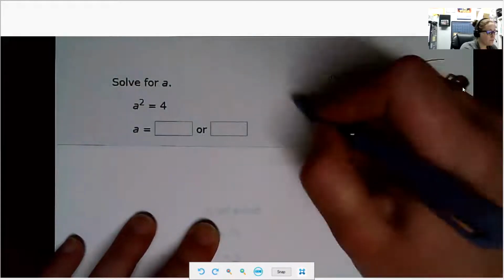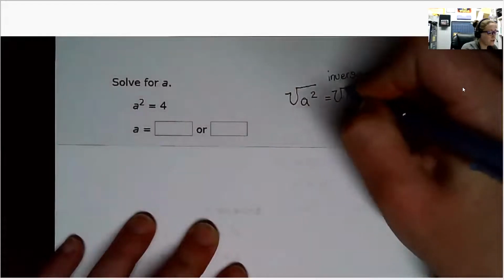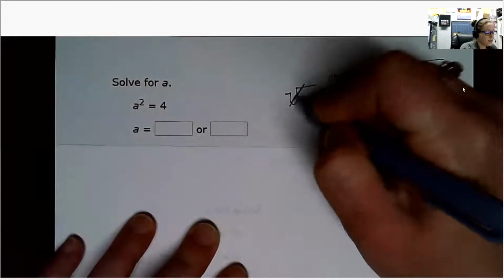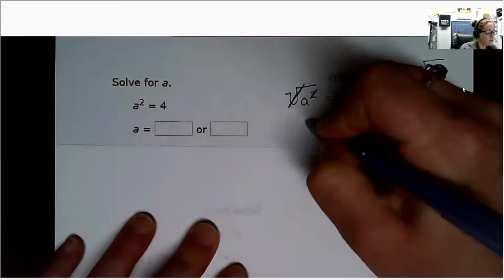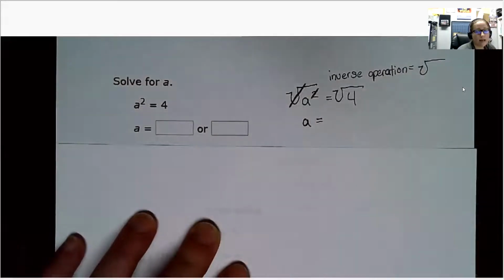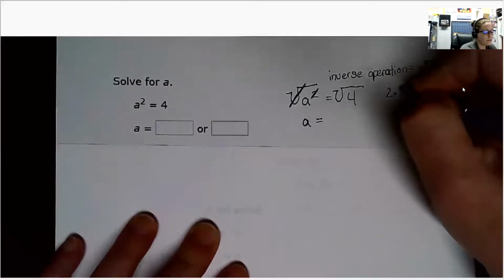So in this case, we're going to find the square root of both sides of this equation. In the end, this is going to cancel as well as this, and we're just going to be left with a by itself. Now we want to look at that square root of 4. What number can be multiplied by itself to get us to 4? 2 times 2 will give us 4.